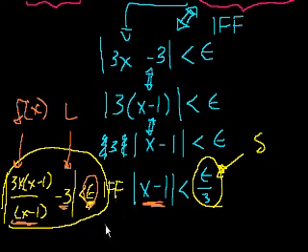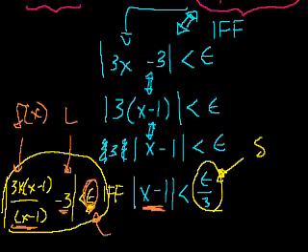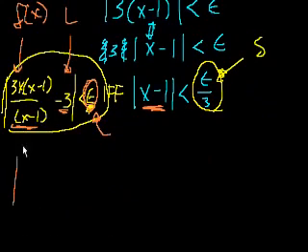So whatever number you give me, if you say, Sal, I want f of x to be no further than 1 from the limit point, then I'll say, okay, then I'll give you 1/3, right? Let me write that out. So let's say you pick 1 as an epsilon.